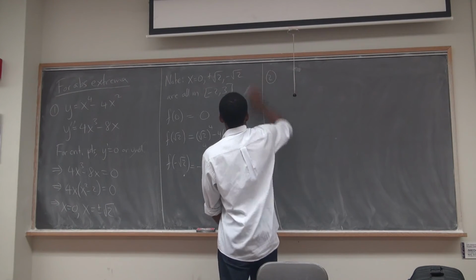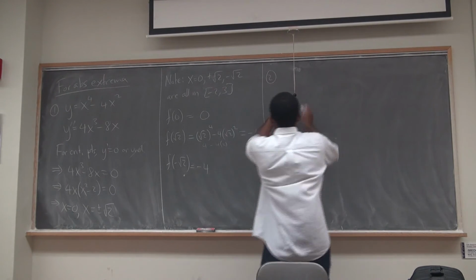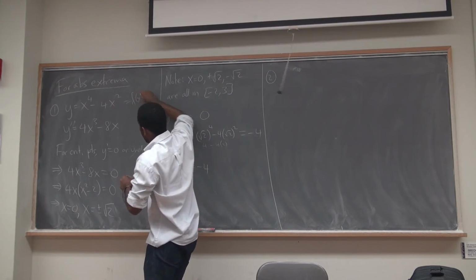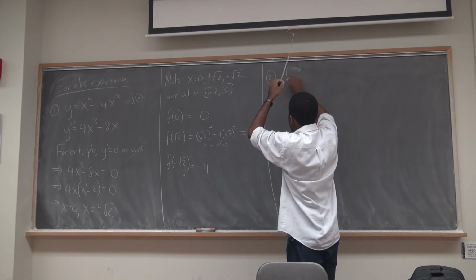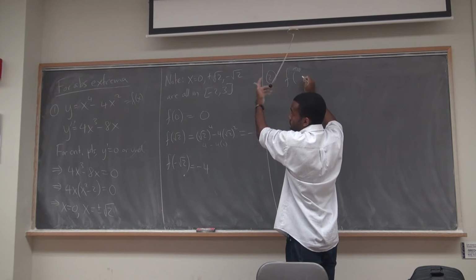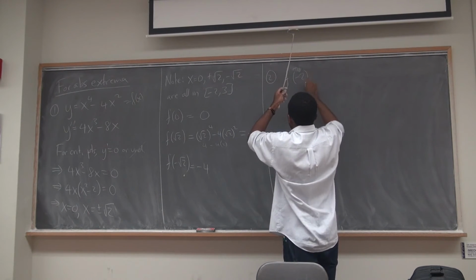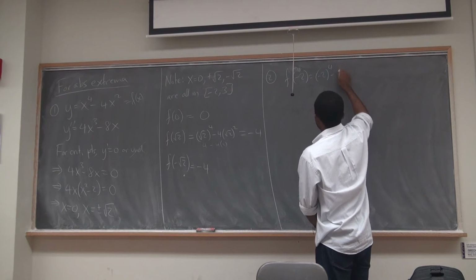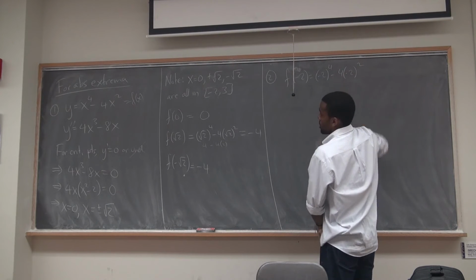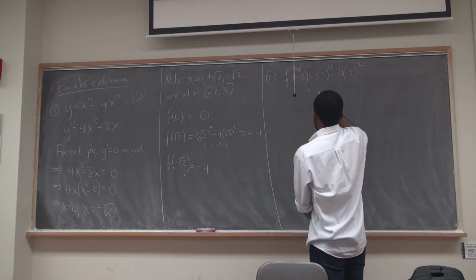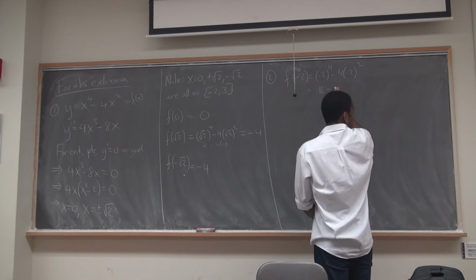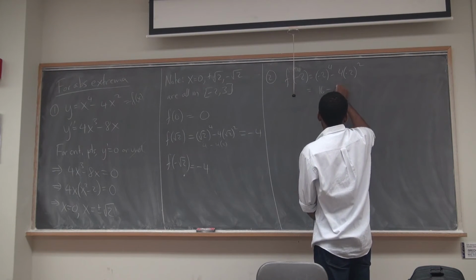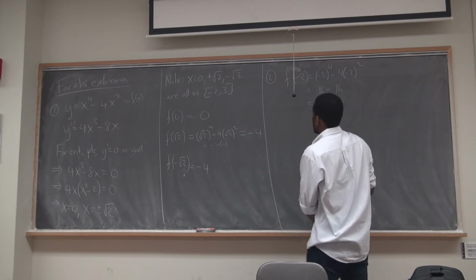So the next step is to evaluate f at the endpoints. I'm saying y equals f of x, of course. So now I'm going to say f at the far left endpoint, which was minus 2. So that's going to be minus 2 to the 4th minus 4 times minus 2 squared. So that's going to be what? 16 minus 16, 0.